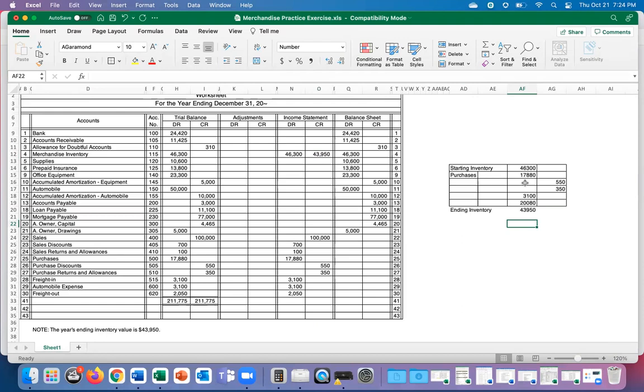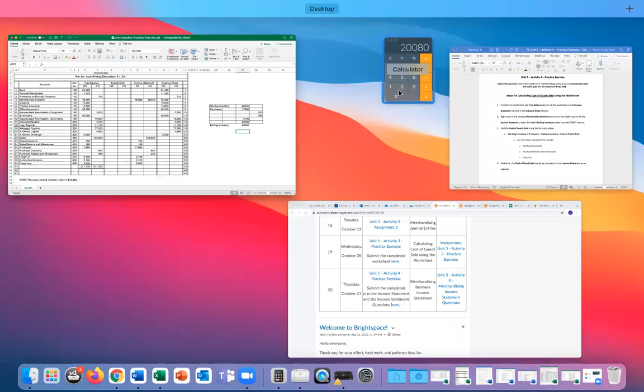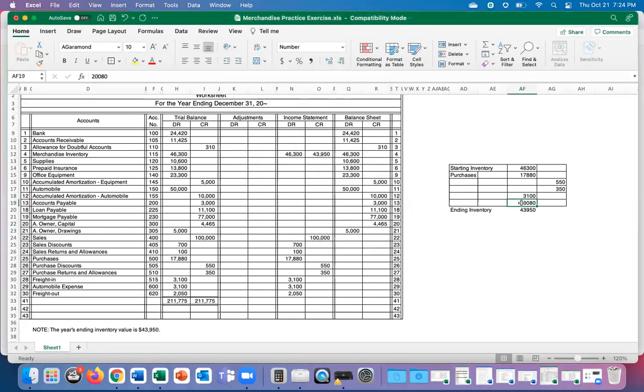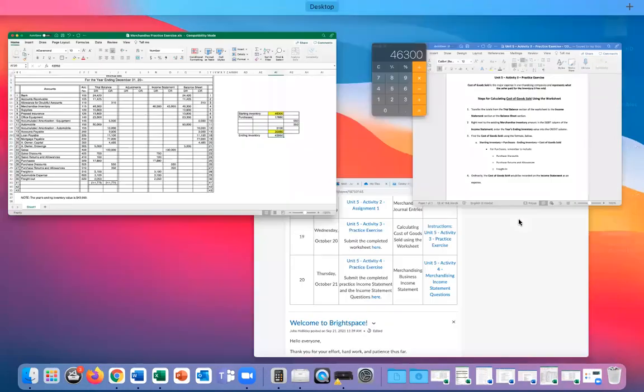So we're going to take the original starting inventory, 46,300. And we're going to add our purchase amount, which, remember, this is the true one, the 20,080 after the calculations that we did for the purchases. And then our ending inventory is 43,950.